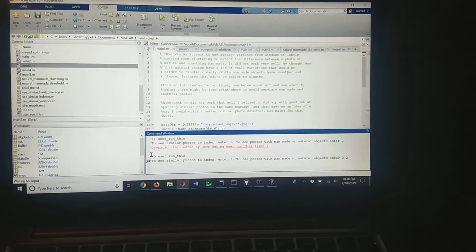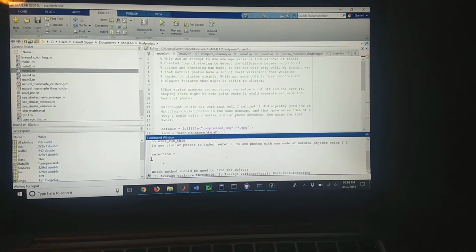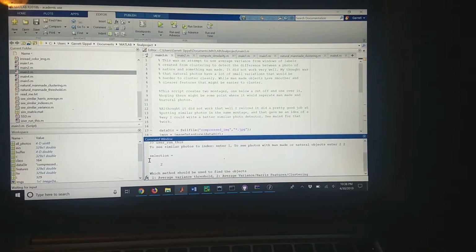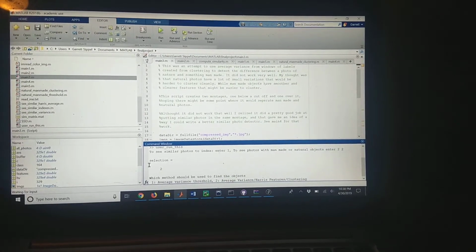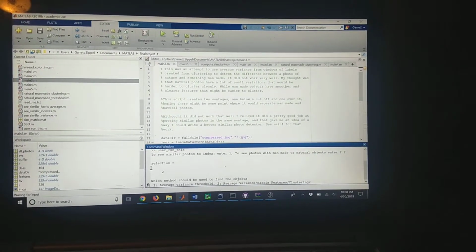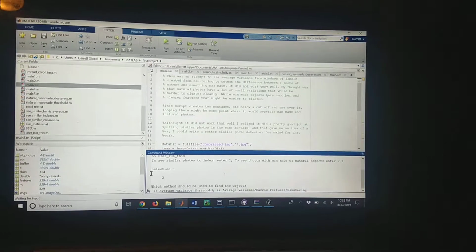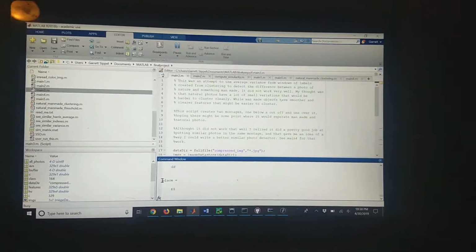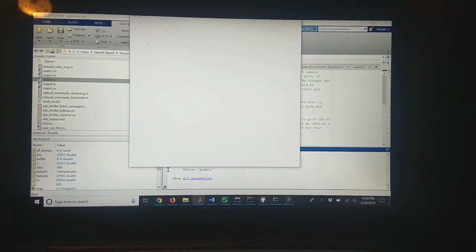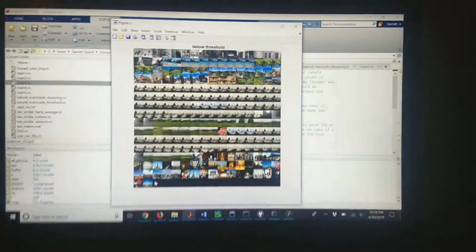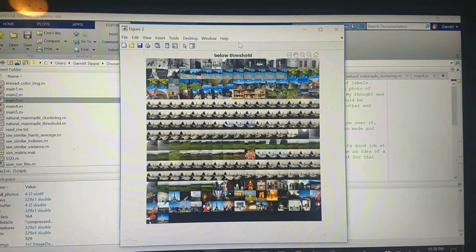So if I go to this, where I say which method should be used to find objects, then I go to average variance threshold. That's what I'm talking about now. Most of these algorithms are saved already, so this is just the results.